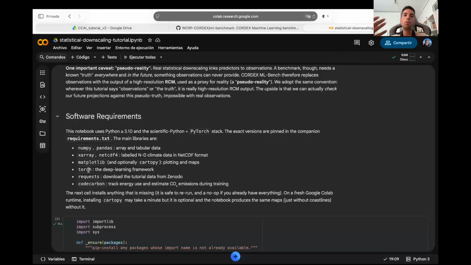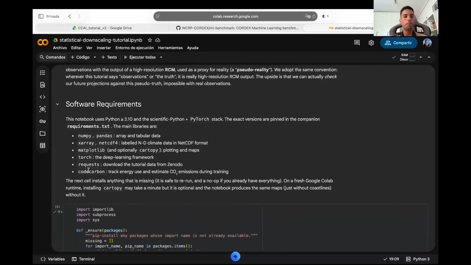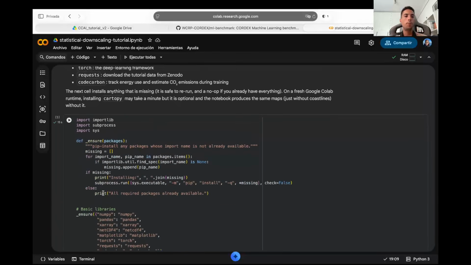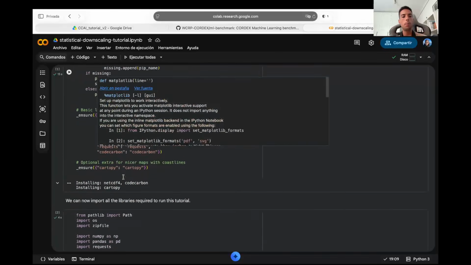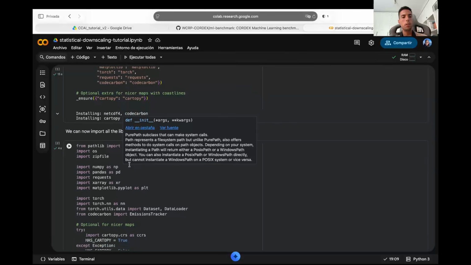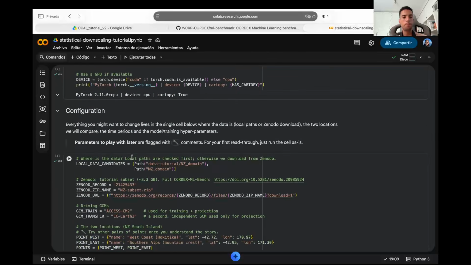In case you don't want to get into the details of the implementation or the code, you can always get the message of what statistical downscaling is, how we train deep learning models on it, and so on and so forth. So here I have prepared a couple of chunks of code for installing the required libraries in Google Colab. You can import those libraries in Google Colab.